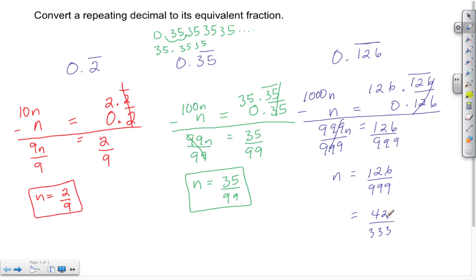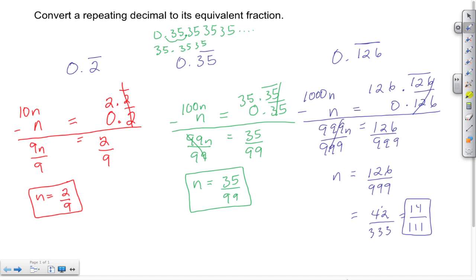I can divide by 3 again, because 4 plus 2 is 6. 3 goes into 42 14 times, and 3 goes into 333 111 times. So my three equivalent fractions for these repeating decimals are 2/9, 35/99, and 14 over 111.